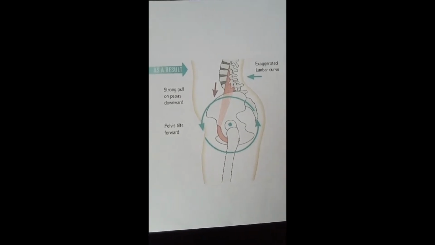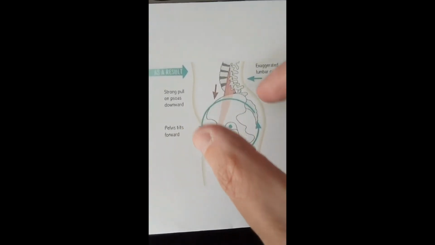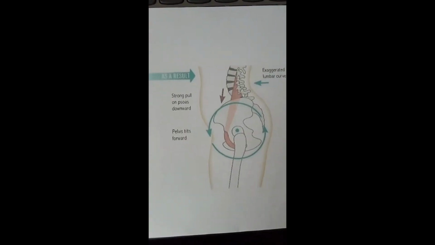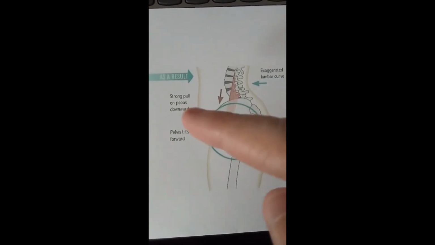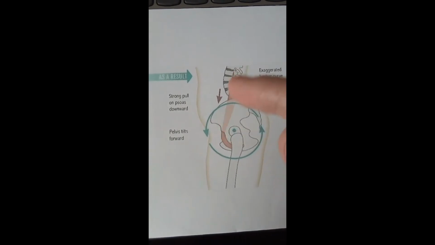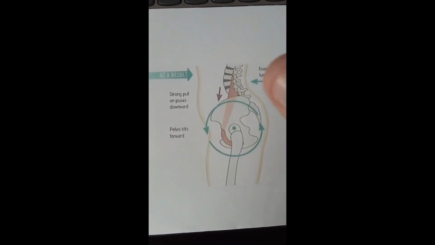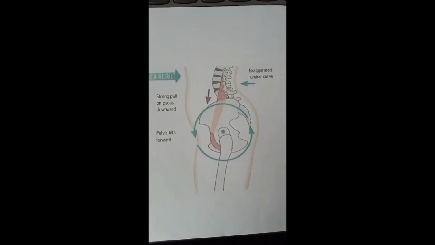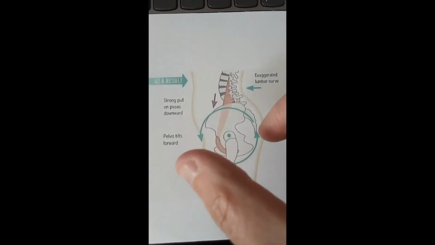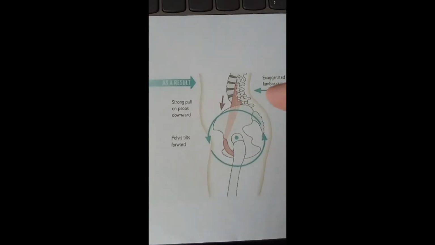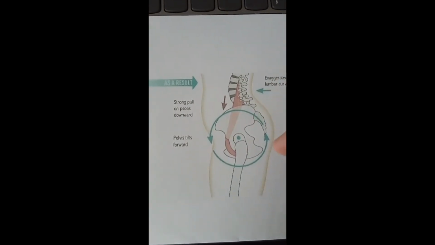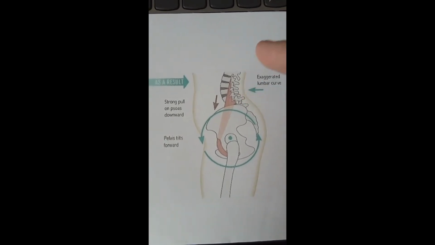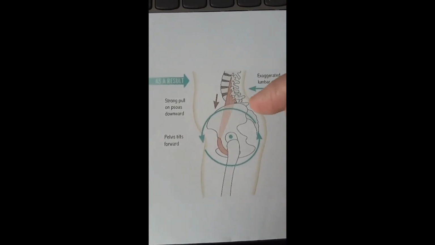The pelvis obviously is tilting forwards, which creates a strong pull on the psoas muscle, which is one of your hip flexors, so that's pulling that down. But the most obvious thing is that because of this tilt, you end up with protruding buttocks and an exaggerated lumbar curve.